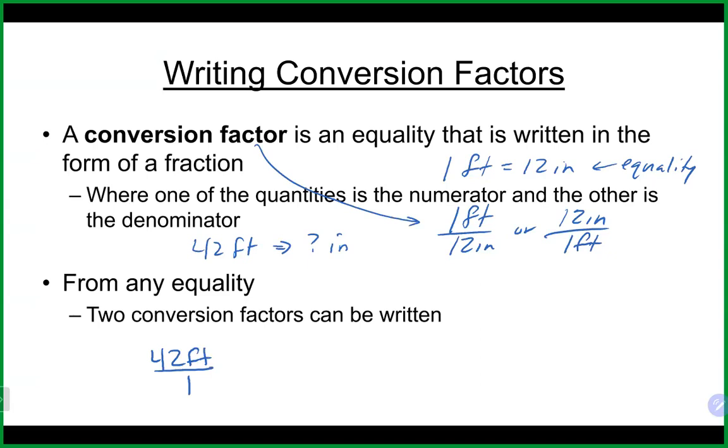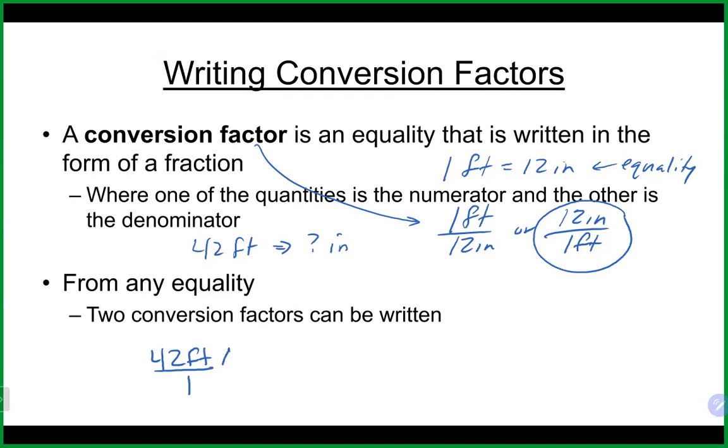That essentially means in terms of the units here, feet are on top. So one thing about math is basically opposites cancel each other out. So since we want to get rid of feet, we want to actually put feet on the bottom. And the conversion factor that will do that for us is this guy right here.